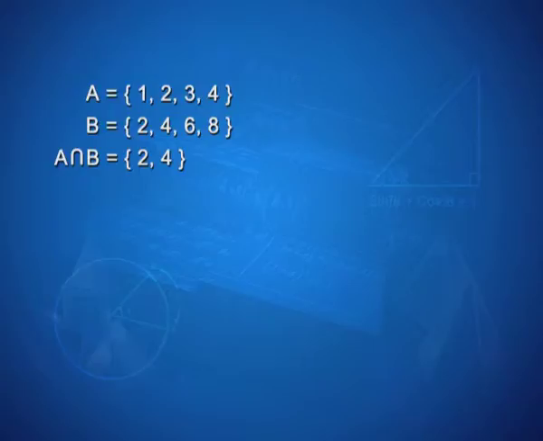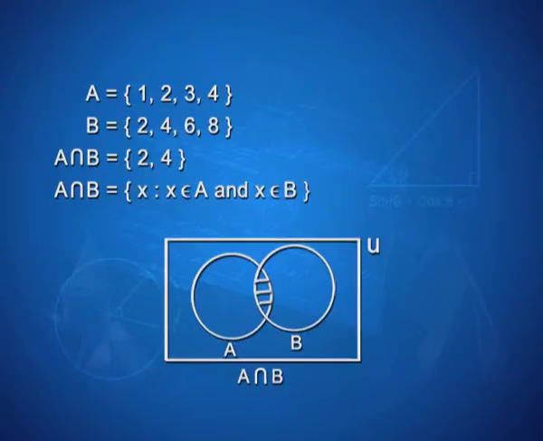Mathematically, we write it as A intersection B is the set of elements x such that x belongs to A and x belongs to B. With the help of a Venn diagram, it can be represented like this. Here, the shaded portion will represent A intersection B.